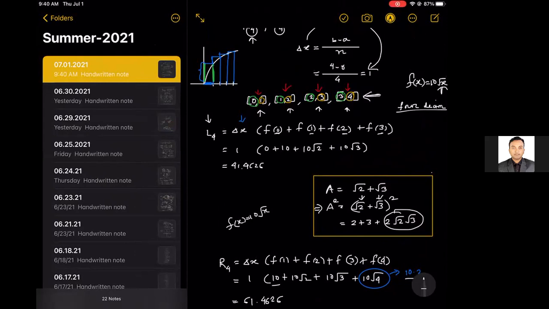Just the function will get changed, nothing else. The idea, the way of calculation, everything will remain the same. You just need to do it for some other functions. I mean, the values will get changed, right? Maybe it will not be for x equals 0 to 4. Maybe it will be for x equals 2 to 7. You never know, something like that. But the idea is exactly the same.